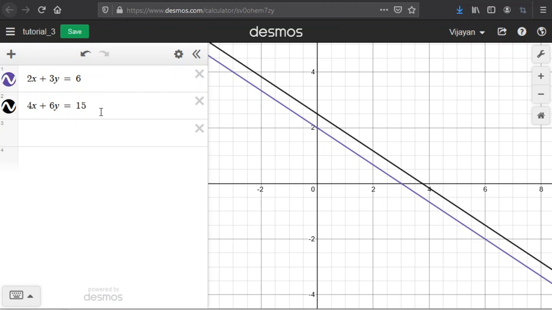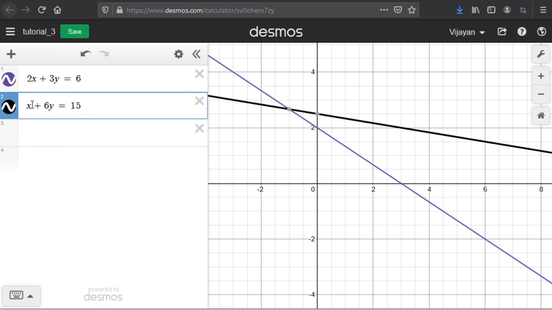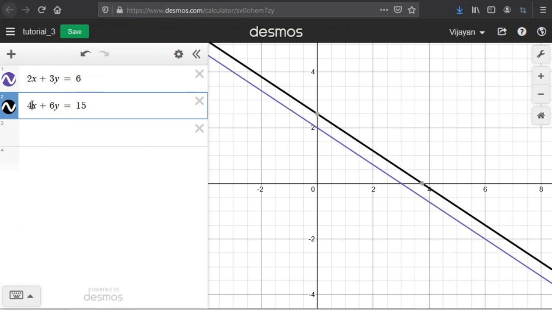So there are three cases: a solution will exist, infinite solutions, or no solution. The solution will exist only if they intersect at a point like this. A solution will never exist when they are parallel to each other.